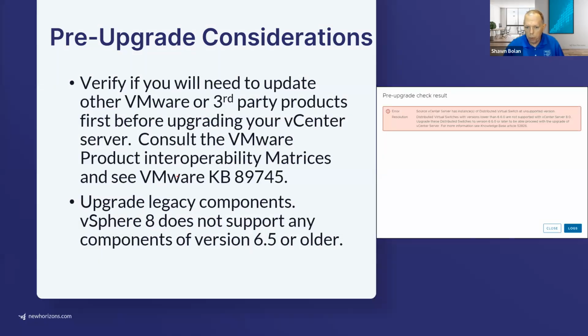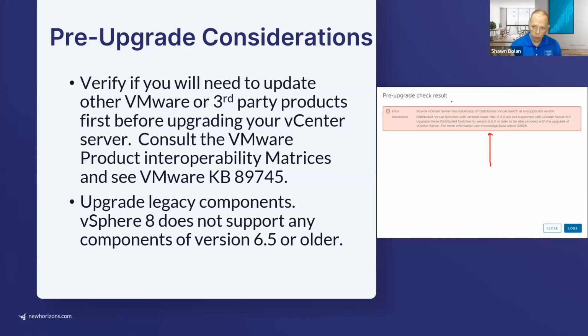So I mentioned a moment ago that you have to be on a minimum of vSphere 6.7 to do the direct upgrade. So I put a little screenshot over here. This is a little prerequisite checker that runs when we go through the vCenter upgrade process. And notice I took a screenshot of an error here, which says basically, hey, before vCenter went through its upgrade process, it did a scan of your environment, and oh, look, we found some components that don't qualify for upgrade.